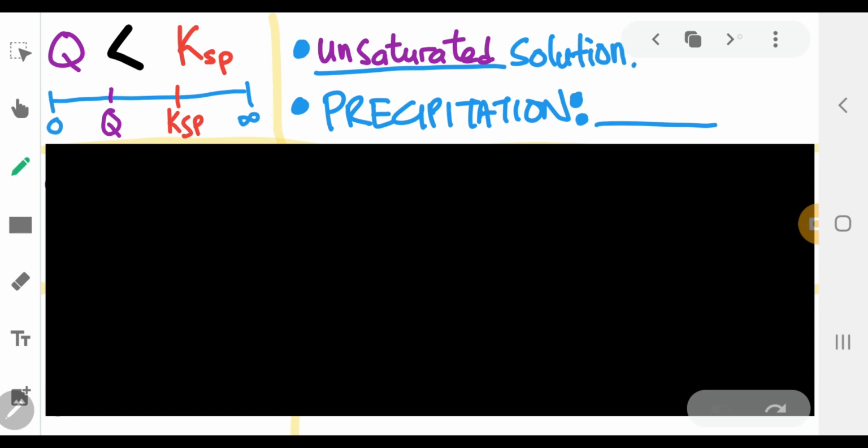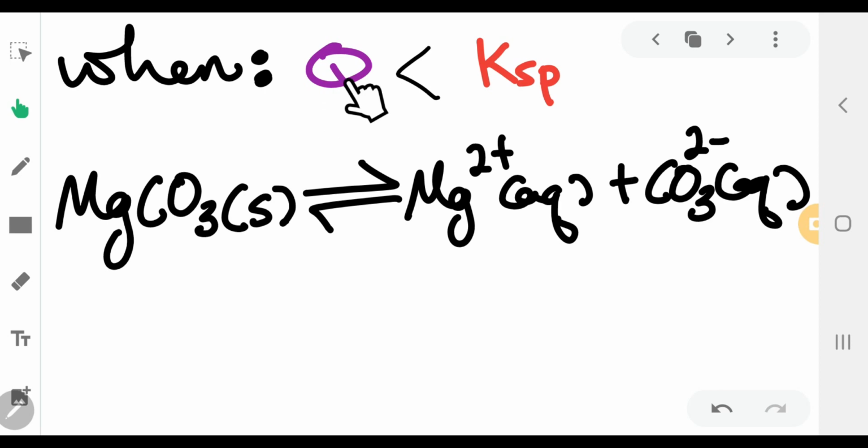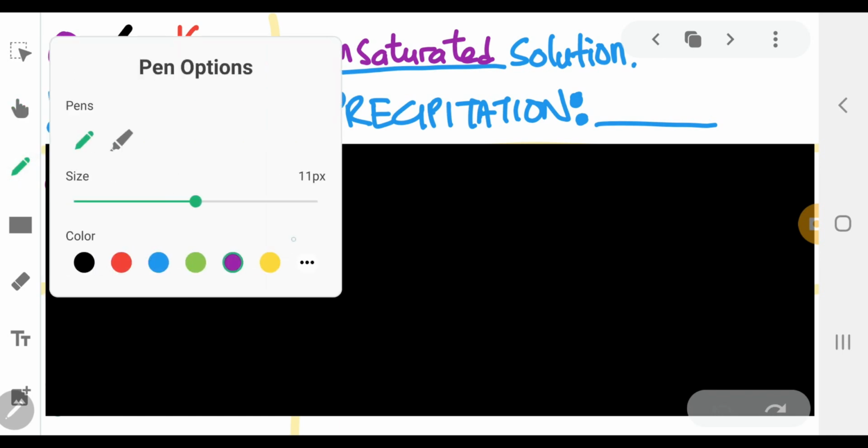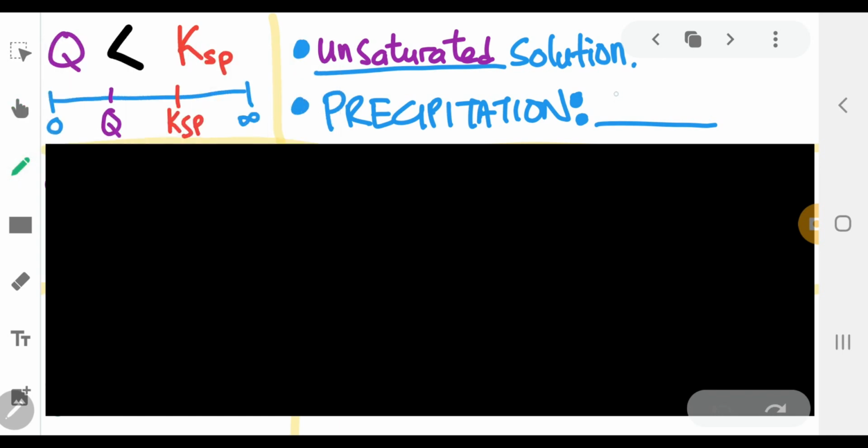Remember, precipitation refers to the production of solid, because when Q is smaller than Ksp, the reaction tends to go to the right side towards the production of the aqueous species. So you have no solid being made. So we can say that we do not have any precipitation occur.